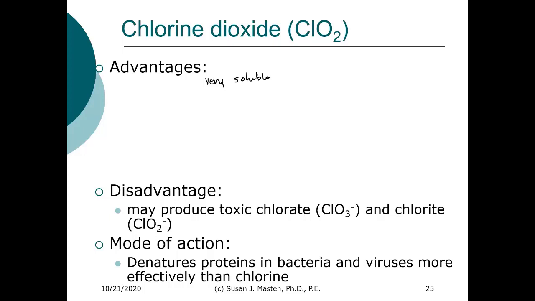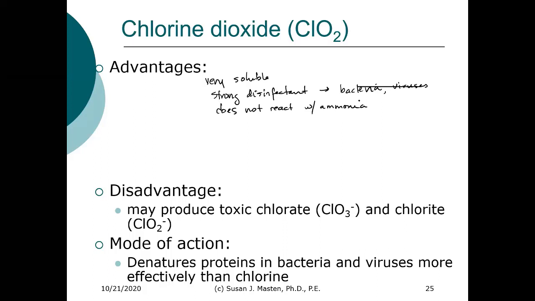It's a strong disinfectant against both bacteria and viruses. So remember that chlorine itself isn't that effective towards many viruses. It doesn't react with ammonia. It won't form chloramines, and it does provide a residual.